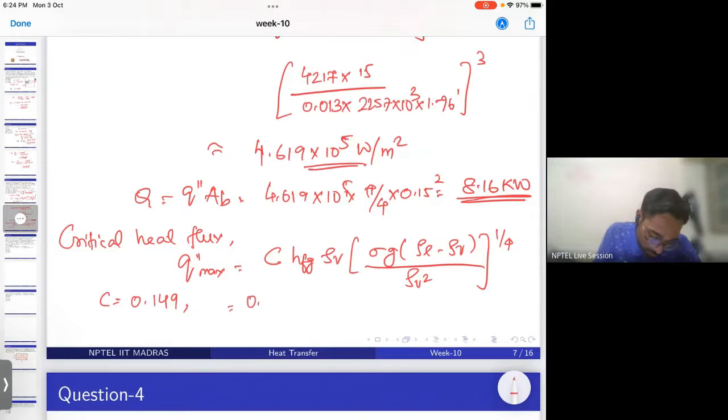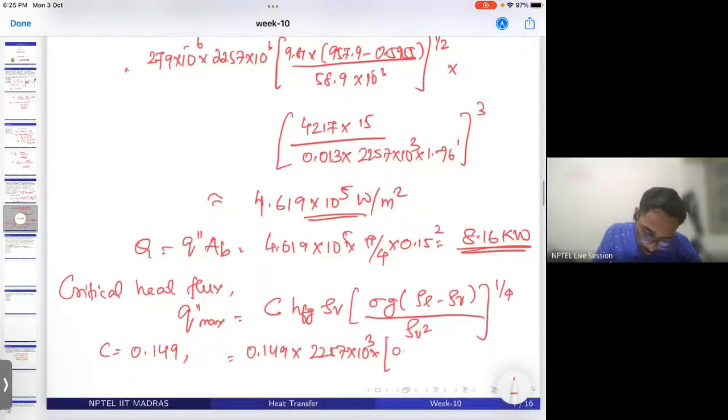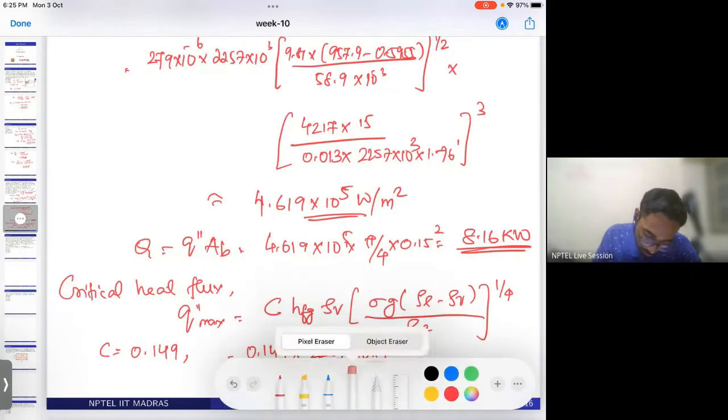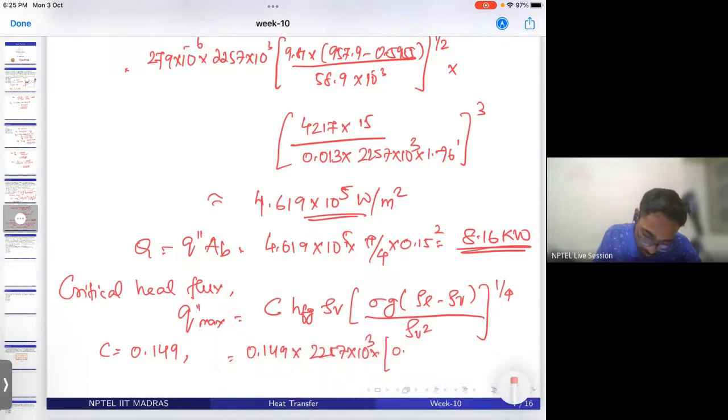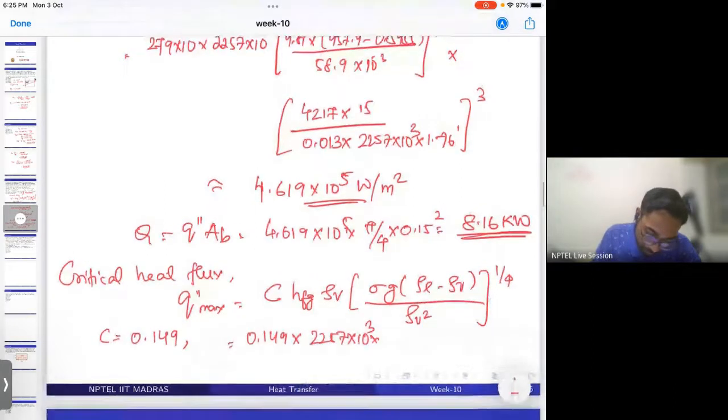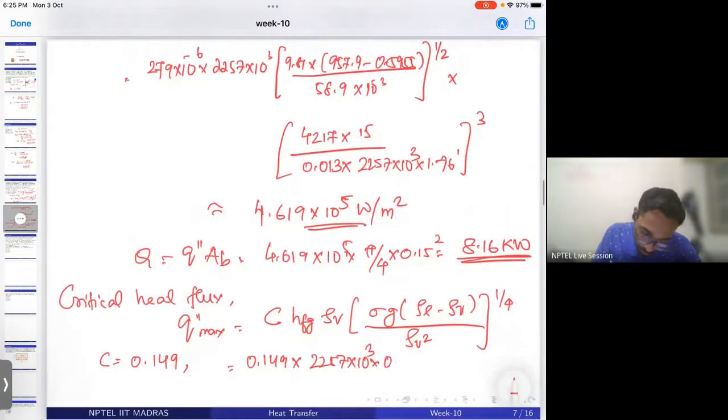So just substitute these values into rho V, sigma.